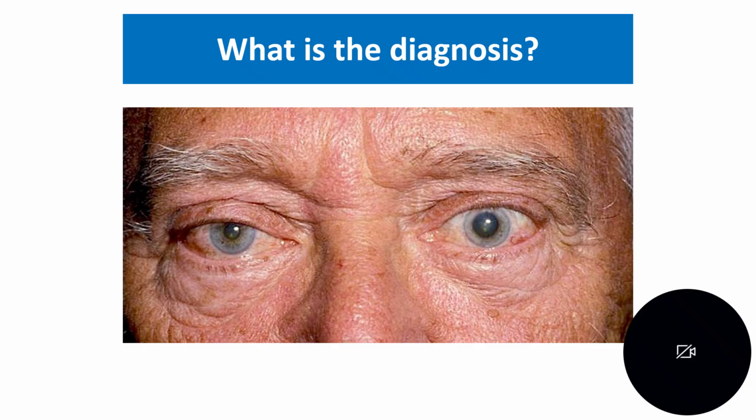Now, if I gave you a little bit more information, I said to you, he has been smoking 2 packs of cigarettes for the last 30 years. Can you tell me what is the cause of the Horner syndrome and where it is? Now, with a history of smoking 2 packs of cigarettes for the last 30 years, and this presentation, this is likely to be lung cancer.